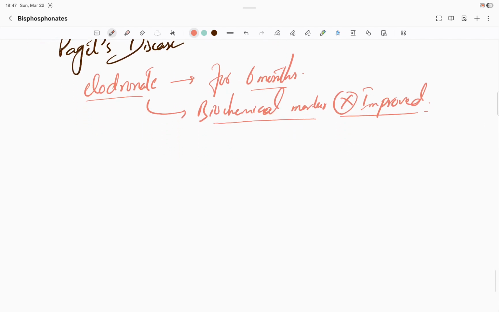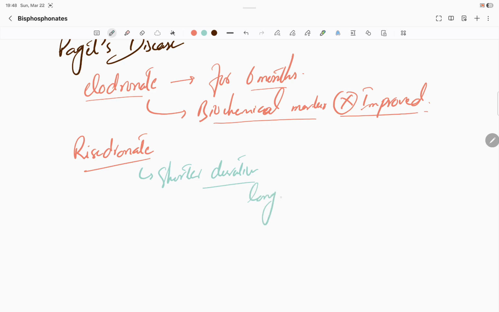And if we talk about risedronate, then it has shorter duration of therapy, and still it has long lasting remission as compared to etidronate.